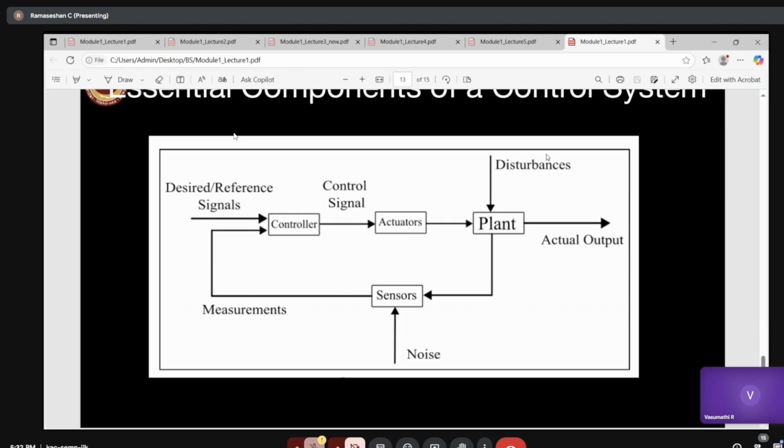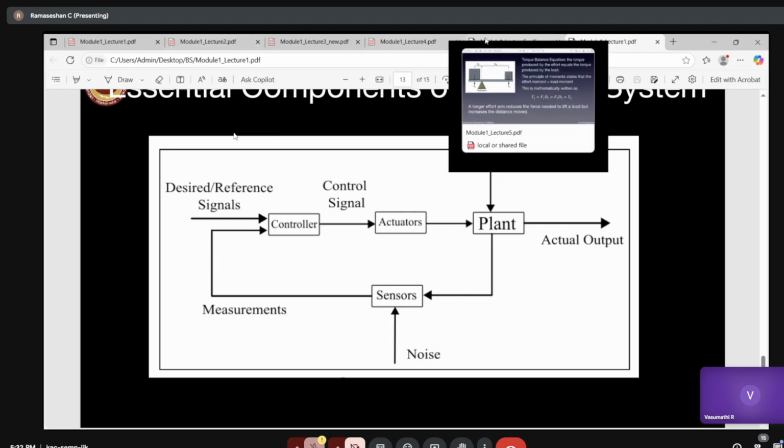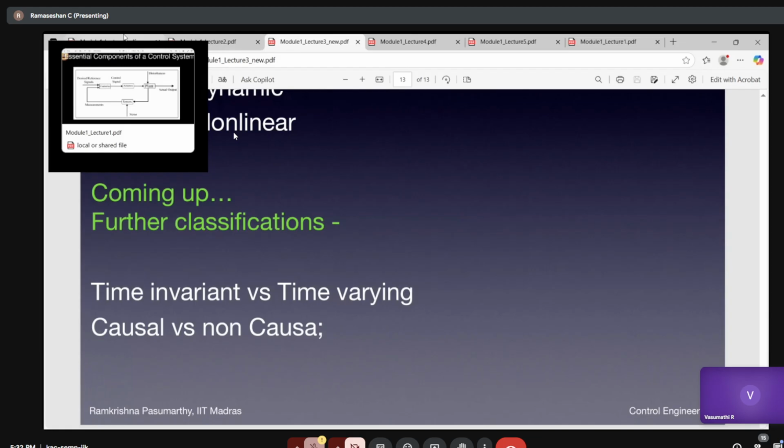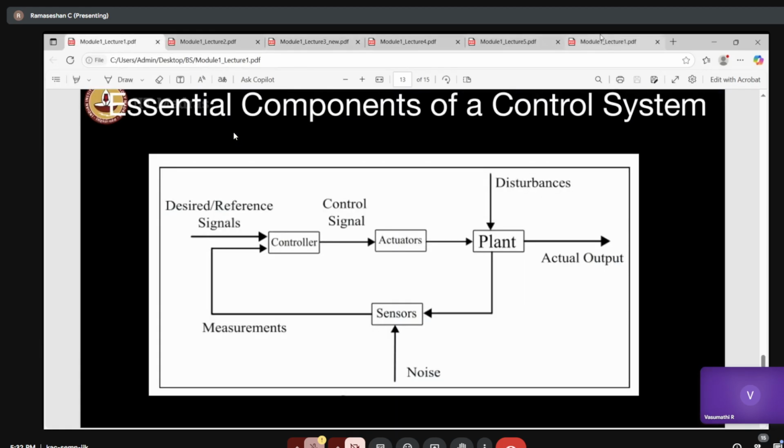Sir, can you share this module 11 lecture as a PDF? I thought the slides are already shared with you. On the dashboard, there is a supplementary content part. I see only 5 files here. The other one is actually a repeat.